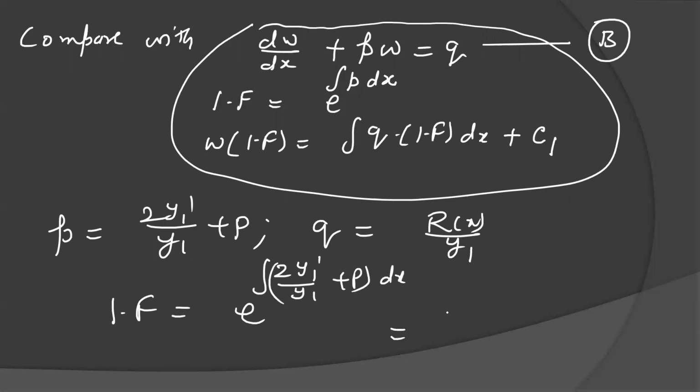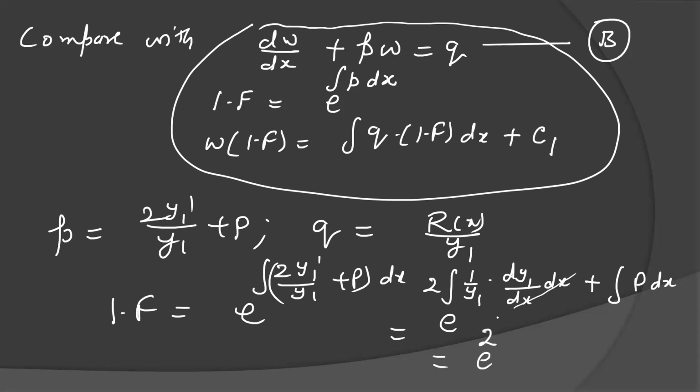Simplify it. It's a very good equation. 2 we can take outside, 1 over y1 dy1, y1 dash means dy1 by dx. Take dx inside plus integration p dx. So it looks like dx is cancelled out, but not exactly cancelled out.